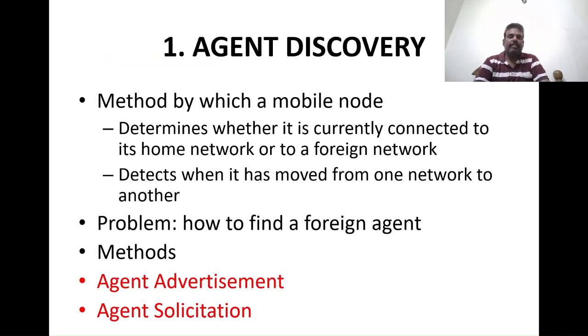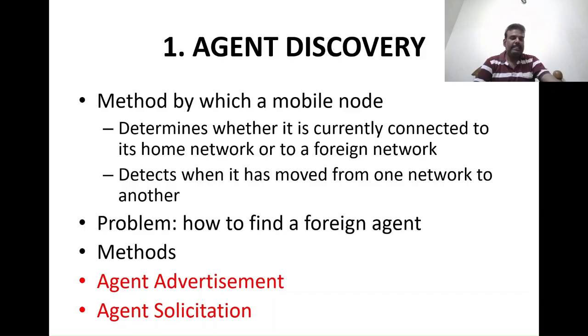First, the agent discovery process. Whenever we shift from one network to another network, we have entered a foreign network. There, how does the mobile node find its mobile agent, how does it find its foreign agent?